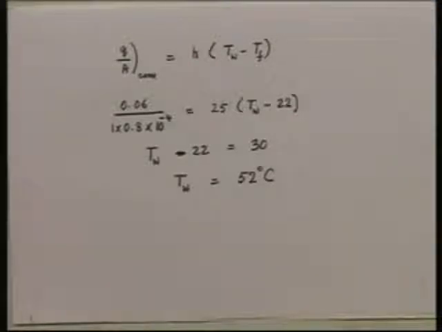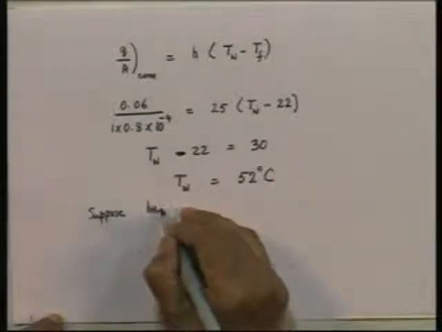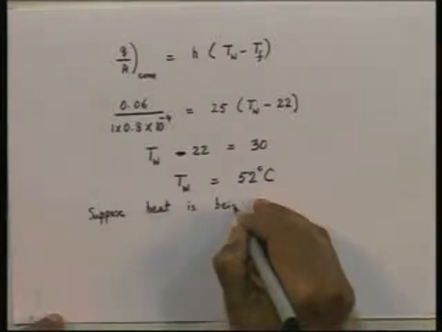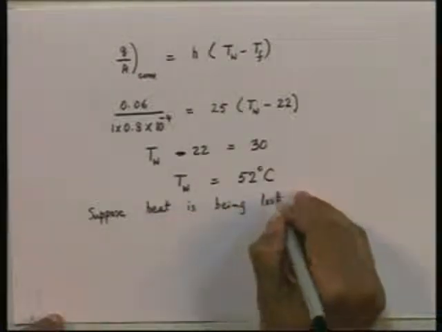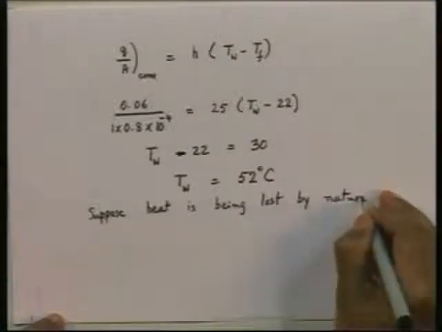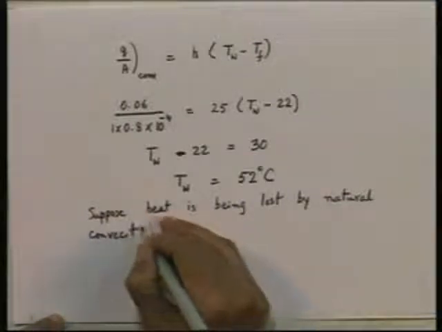Suppose instead of losing heat by forced convection, heat was being lost by natural convection, just for the sake of argument. What is the typical value of H in natural convection?